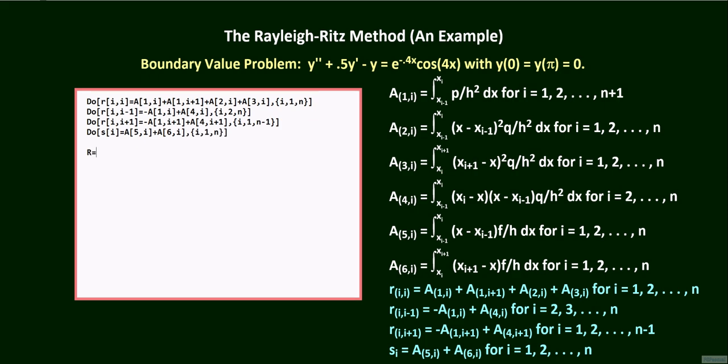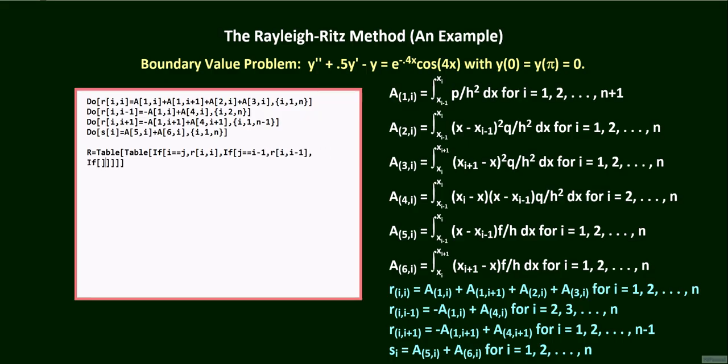To input the matrix R, we use nested tables and nested if statements. For the diagonal entries, when i equals j, the entry is simply R sub i. If it is the entry to the left of the diagonal, then the column number j equals i minus 1, and the entry is R sub i minus 1.